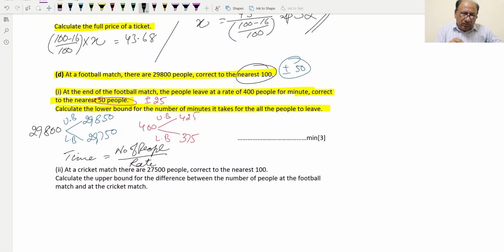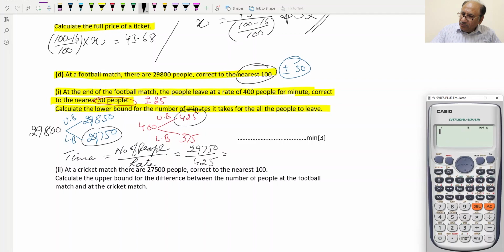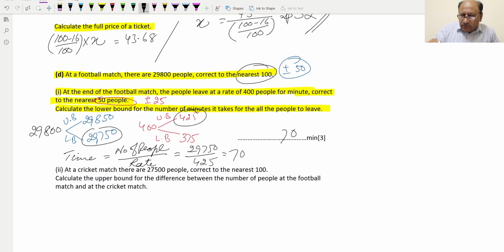So we need to calculate the lower bound of time. We will use the lower bound of the number of people and divide by the upper bound of the rate. So 29750 divided by 425. We are using this upper bound and lower bound so that we get the minimum answer, and this is equal to 70. So our answer is 70, which is the minimum, 70 minutes, and it is a 3 mark question.